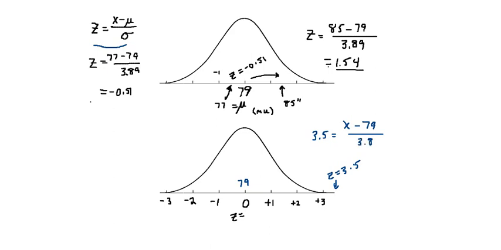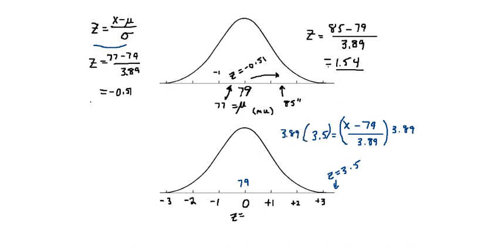So we're going to have to do a little bit of algebra. If I have an equation that contains a fraction, I have to multiply both sides by the number in the denominator to clear the fraction.